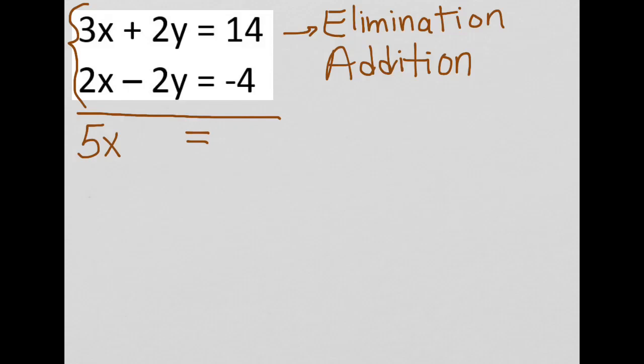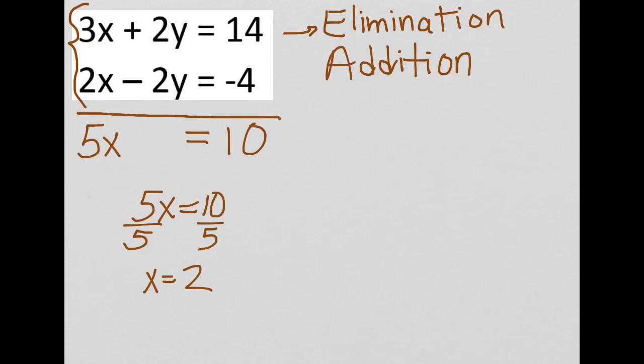And 14 plus negative 4 is 10. So by adding these two equations together, we have eliminated one of the variables, and now we know that 5 times something equals 10. If we divide both sides by 5, we find out that x equals 2.